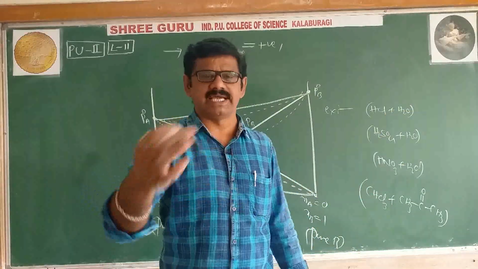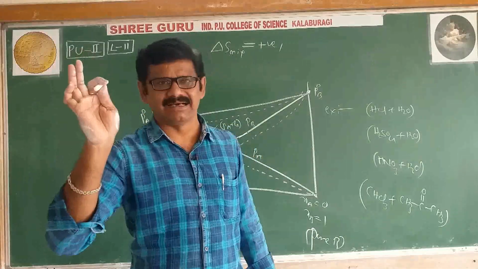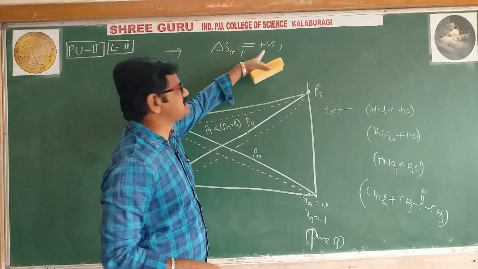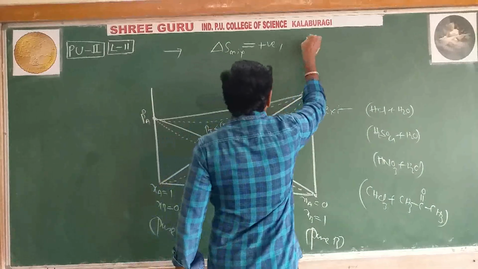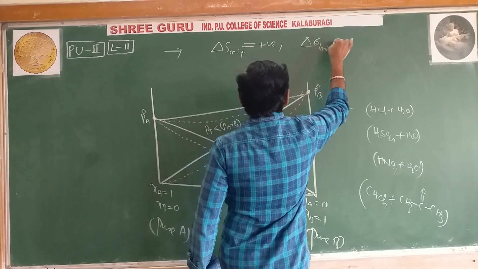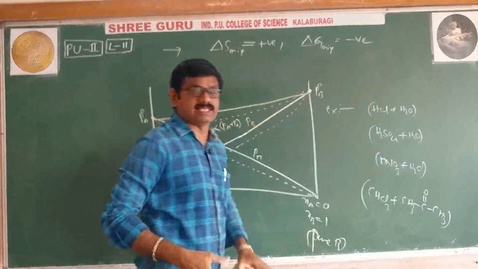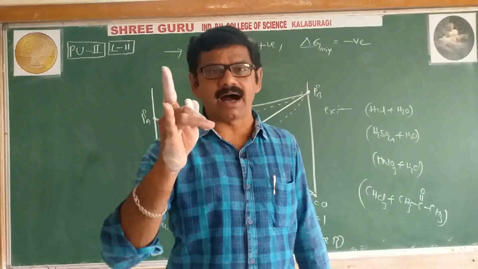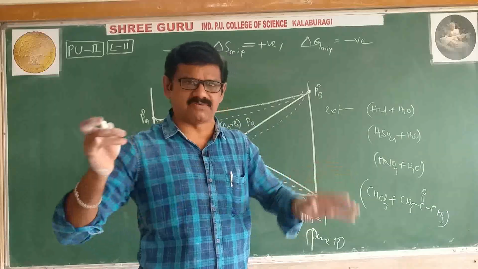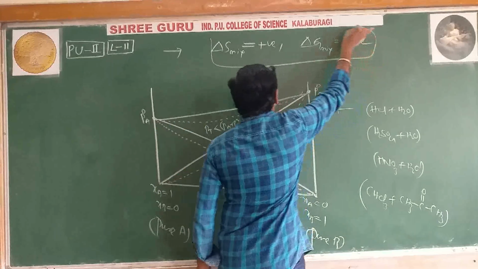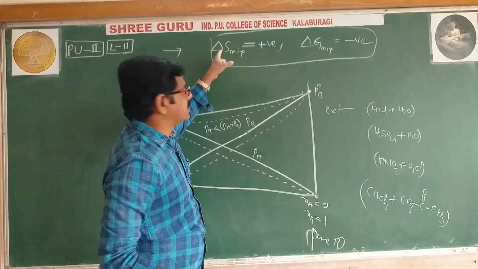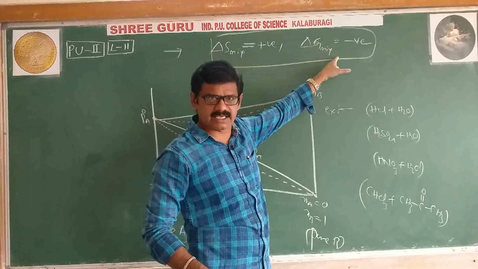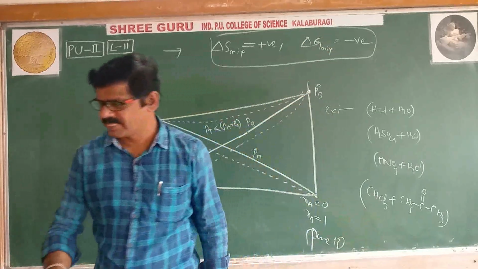It may be positive deviation, negative deviation, ideal or non-ideal, anyone. Entropy change becomes positive, as well as delta G mixing becomes negative, which is nothing but a spontaneous process. I'll repeat once again: irrespective of the solution, these two are fixed conditions. Entropy change after mixing is positive, and Gibbs energy change after mixing is negative. That's it.